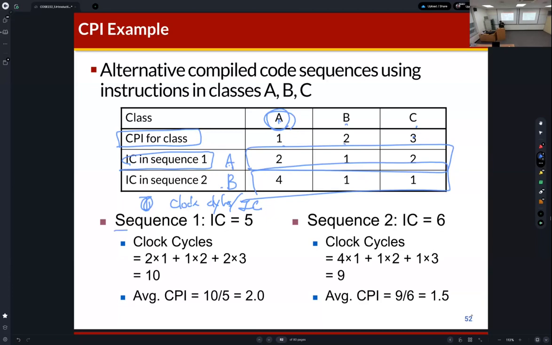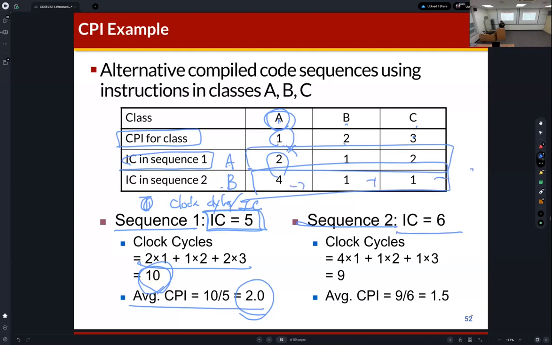Then for sequence 1, the total instruction count is 5. Then what is the total clock cycles? You can calculate the total clock cycles by multiplying the instruction count by the CPI of the corresponding instruction class. The total clock cycles is 10, so the average CPI is 2. For sequence 2, the instruction count is 4 plus 1 plus 1 equals 6.